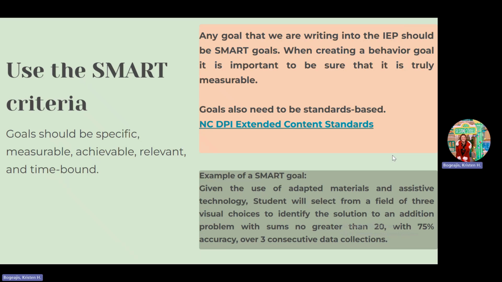You still want to be taking on the spirit of that standard, which is being able to add and subtract within an amount. So what we're adapting there is based on their specific abilities, making it achievable, keeping it addition, but maybe moving that to sums no greater than 20 or even sums no greater than 10. That's just an example of how you can adapt a goal to still be standards driven.